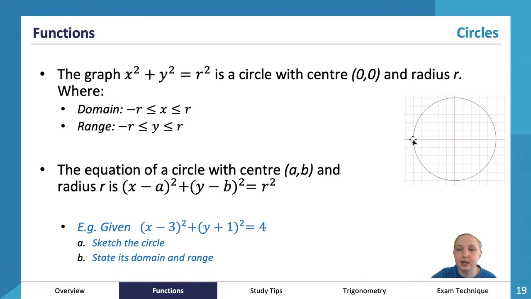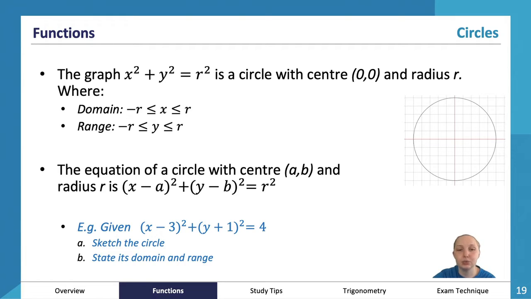You'll have r and negative r as the widest points, and then y and negative y as your shortest and tallest points. Then the equation of a circle with the center (a, b) and radius r is given in this format.